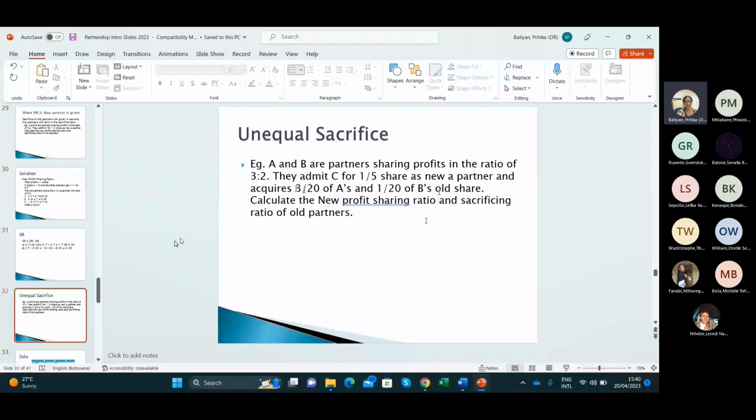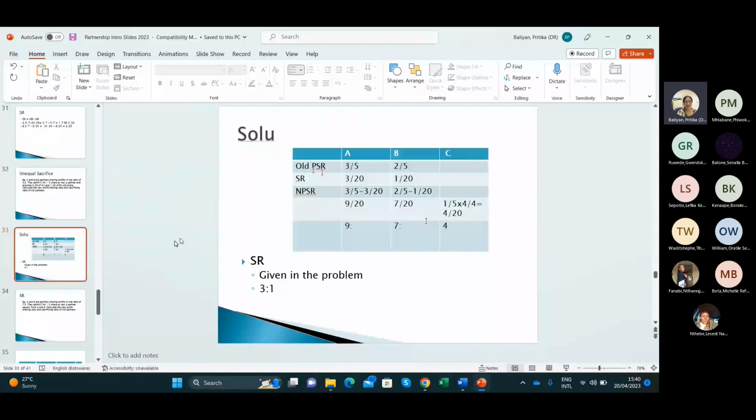So we start with the old profit and loss sharing ratio, which was 3:2. 3:2 means 3/5 for A and 2/5 for B. When they admit the new partner, A sacrificed 3/20 and B sacrificed 1/20. So how much do they sacrifice? We subtract the sacrificing ratio from the old ratio, which gives the new ratio.